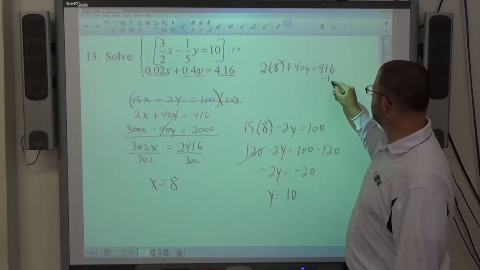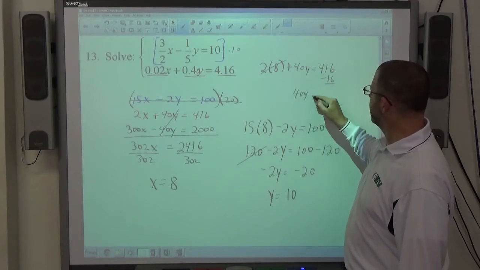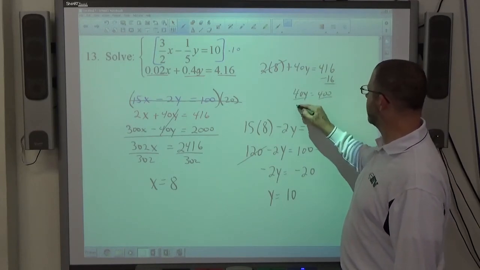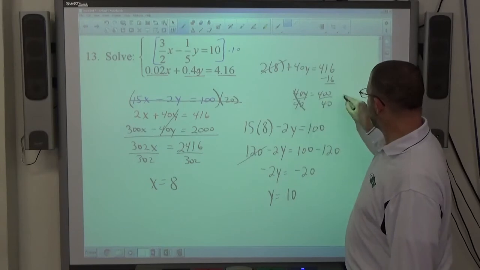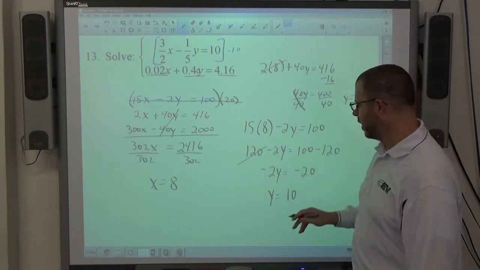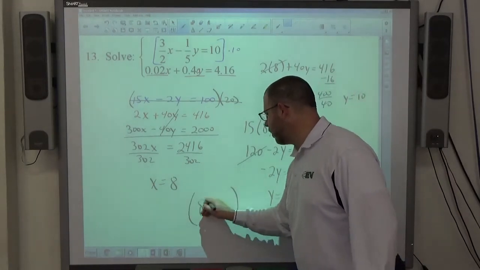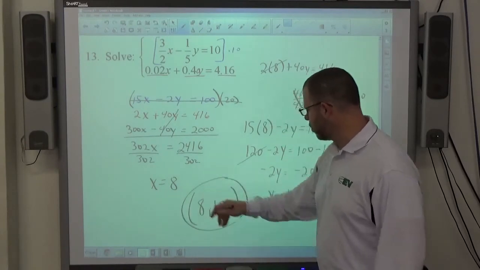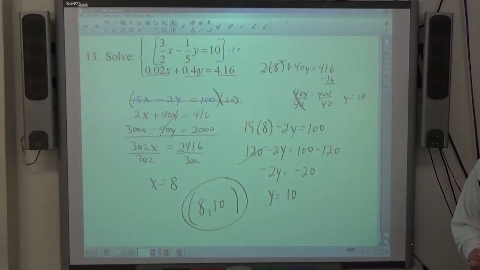That's 16. So 40y is equal to 400. Divide by 40. Y equals 10. Either way you get 10. So x equals 8, y equals 10. It comes out to a nice pretty answer there. I'd expect them on the test to do the same.